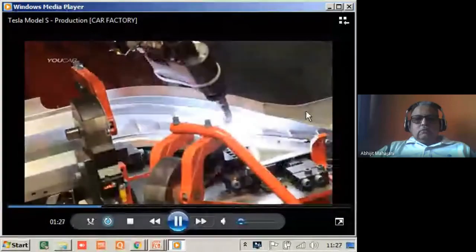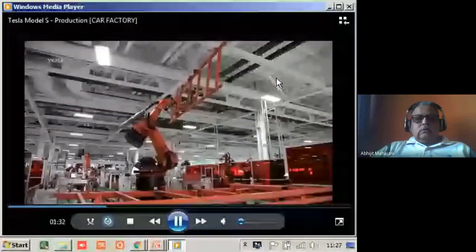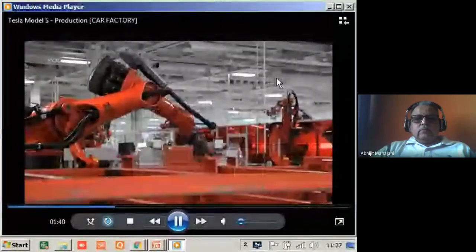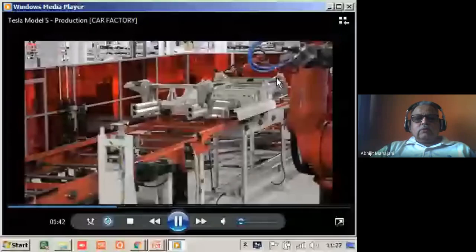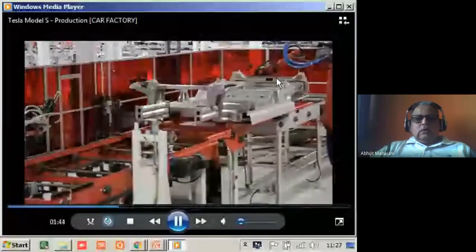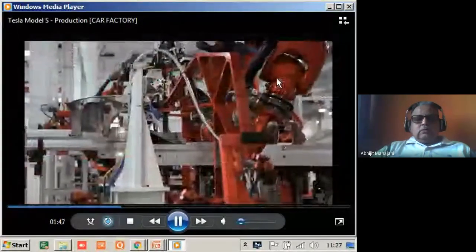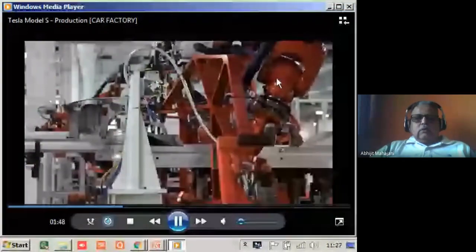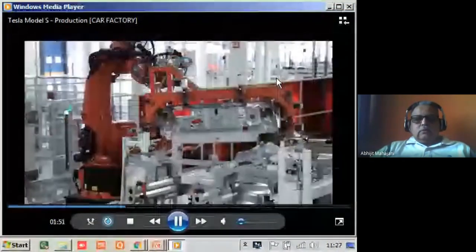Now this is a fixture for assembling the chassis. There was the basic component of the chassis, and now you will find so many components being added to this. The body will be complete out here.